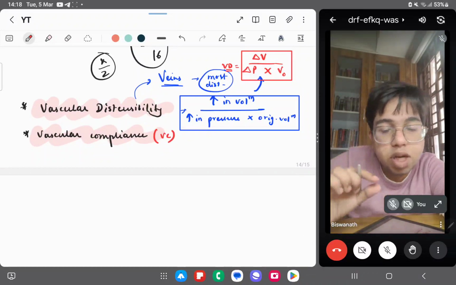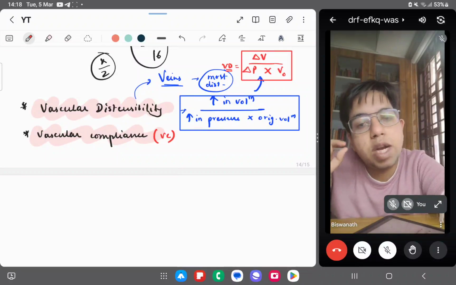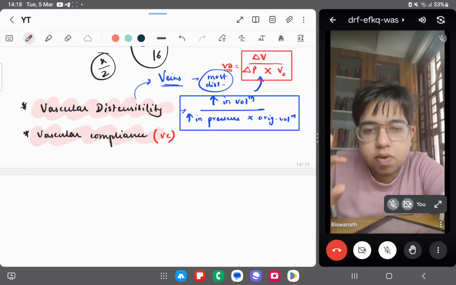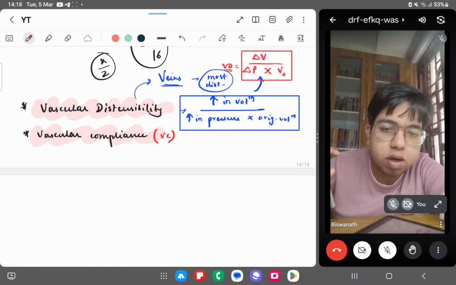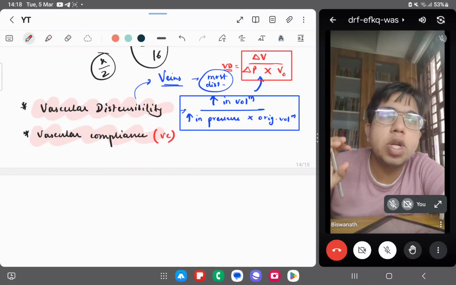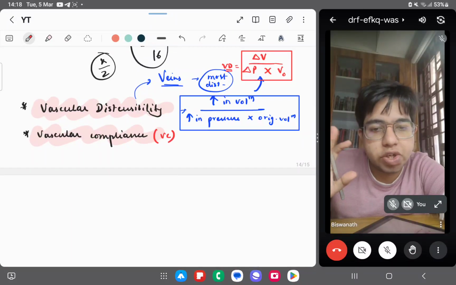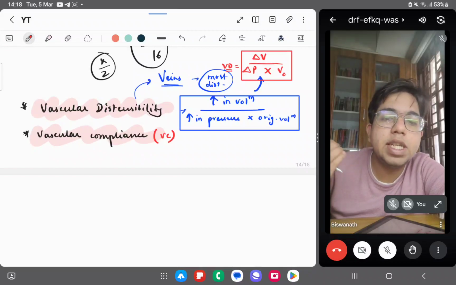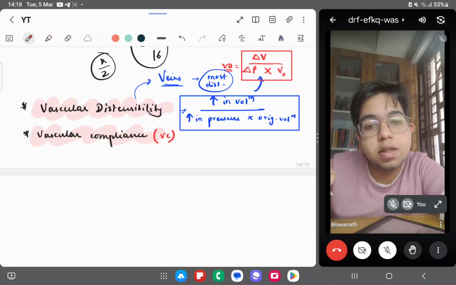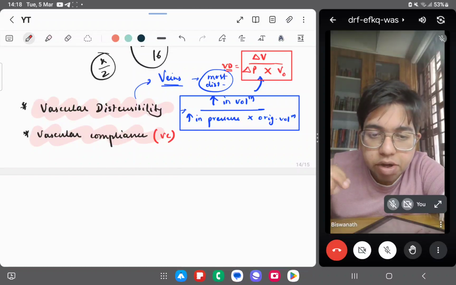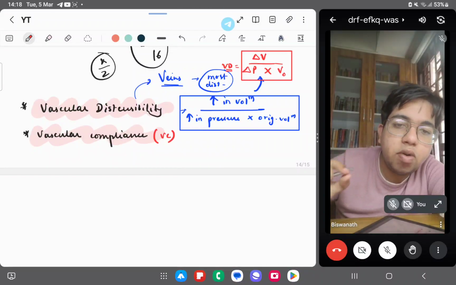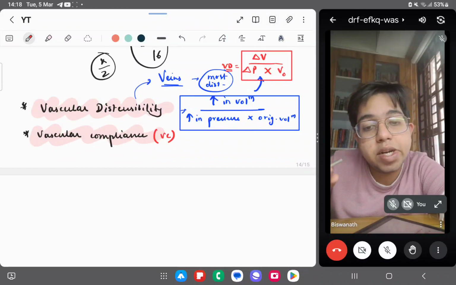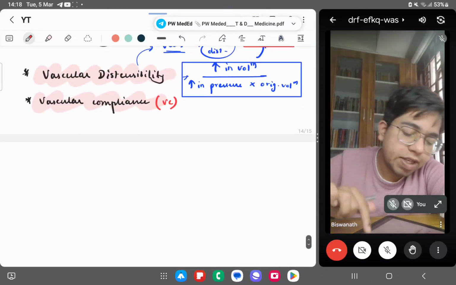Vascular compliance is the total amount of blood that can be stored in a given part of a circulation, any blood vessel, for each unit of pressure increase. You increase the pressure and you're storing blood in that part.